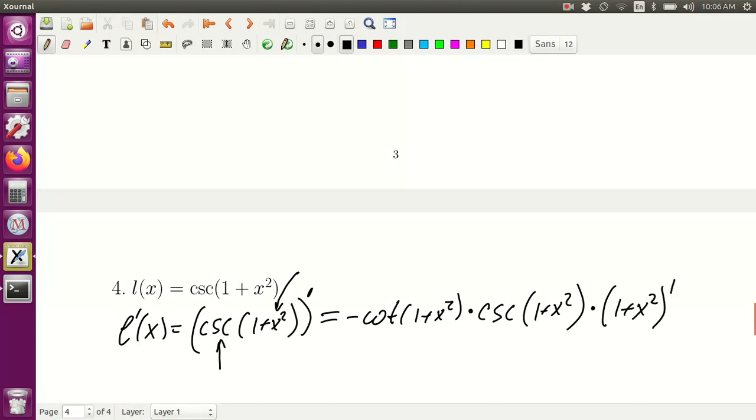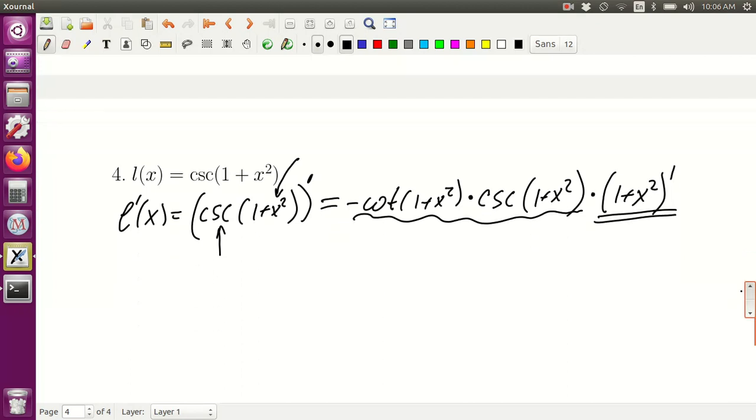So this was the derivative of the outside, and this was the derivative of the inside. Finally, our answer is negative cotangent of 1 plus x squared times cosecant of 1 plus x squared times the derivative of 1 plus x squared. The derivative of 1 is 0, the derivative of x squared is 2x.